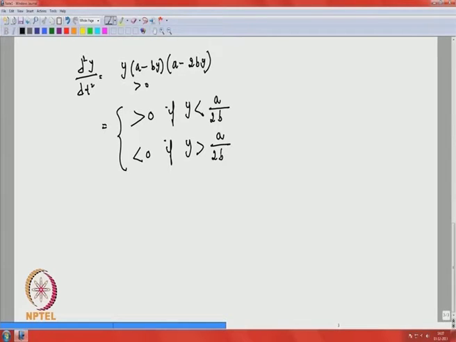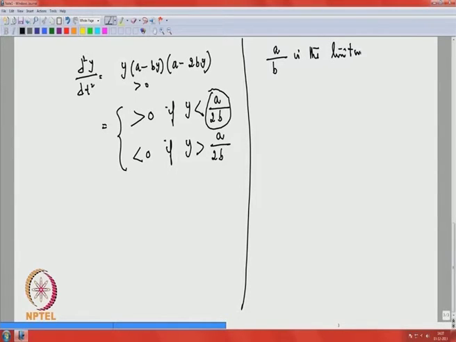So, dy by dt is always positive, but d square y by dt square changes sign when it reaches a by 2b. A by 2b is half of the limiting population if you look at it. See, what is a by b? A by b is the limiting population, that is what you have seen.